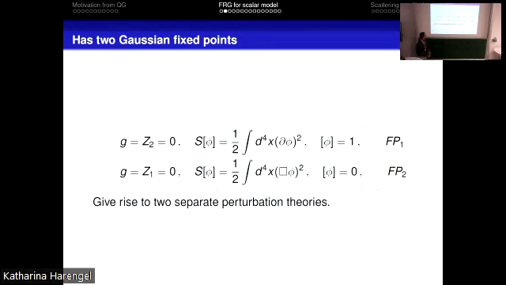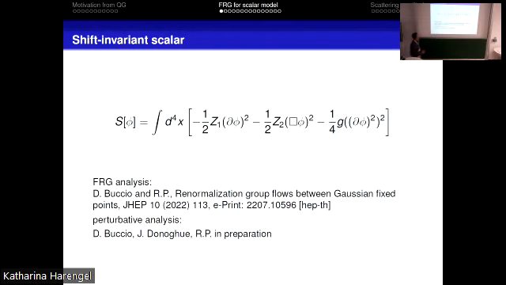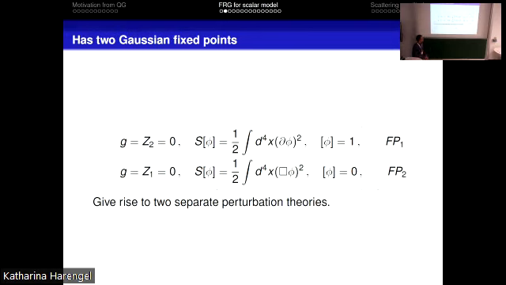Well, so this theory has two Gaussian fixed points. If you put the coupling here to 0 and Z2 to 0, you just have a free theory with two derivatives. If you put Z1 and the coupling to 0, you have a free theory with four derivatives. So in the first case, the field has canonical dimension 1.